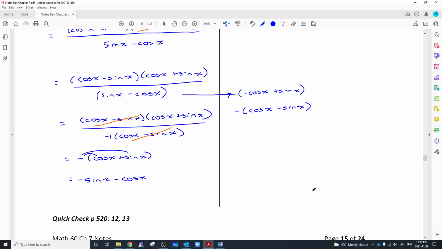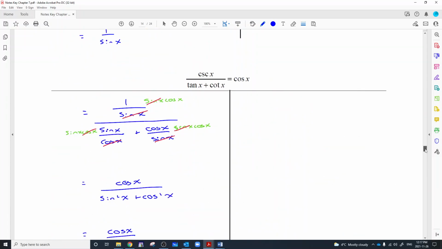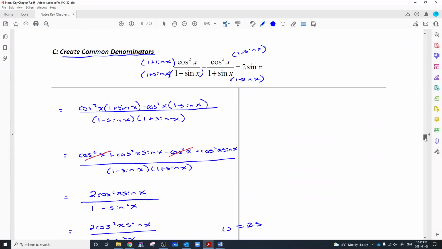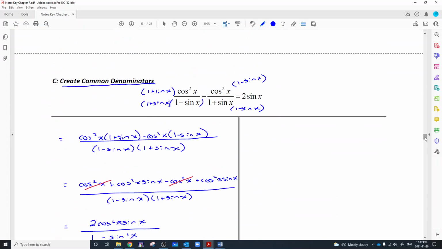I do want to take 1 second just to go back up to this question here. Okay, if you look at this question here, I did this one by creating a common denominator. I just want to show you that if I had done this one by recognizing that cos squared x is 1 minus sine squared x over 1 minus sine x, and this cos squared as well is 1 minus sine squared x over 1 plus sine x, I could have solved this one instead of having to create a common denominator. I could have factored to simplify.